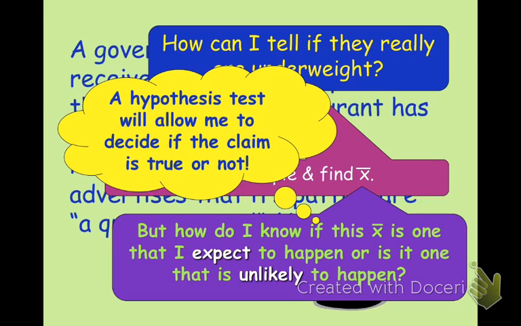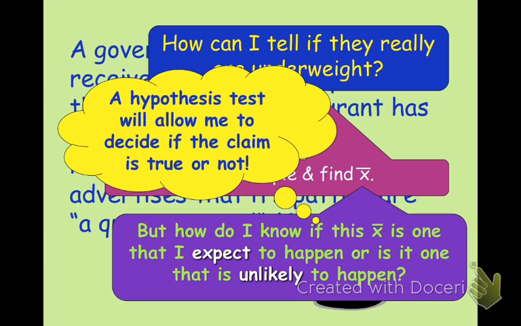Well, a hypothesis test is going to allow us to decide if our claim is true or not. We're going to actually get to see the probability of getting the sample that we get if the null hypothesis is really true. And we can use that p-value, or that probability, to determine whether or not our null hypothesis is indeed something that we should reject.